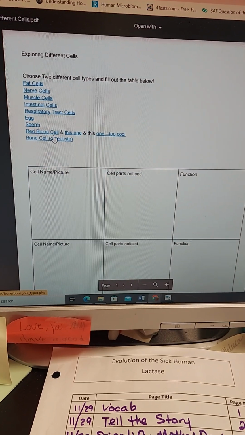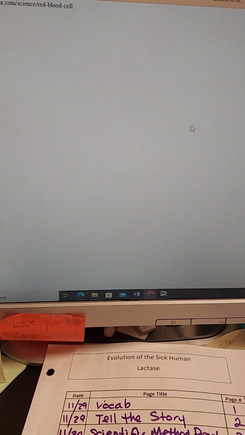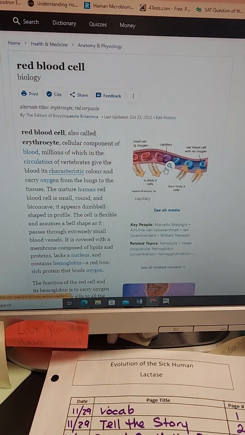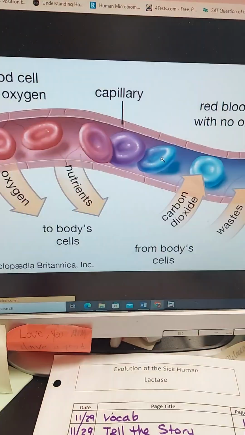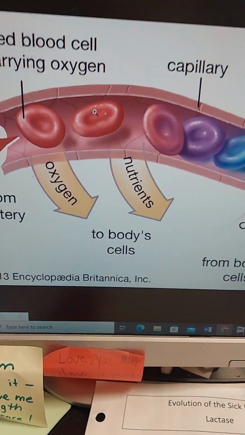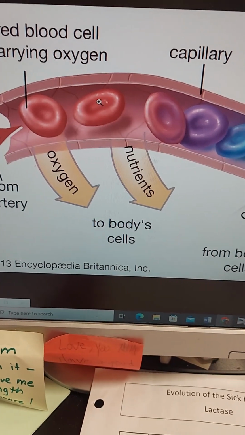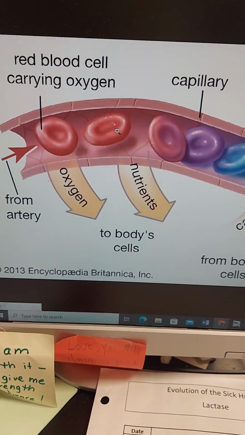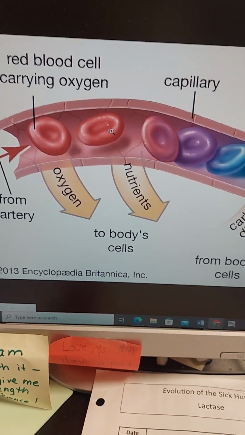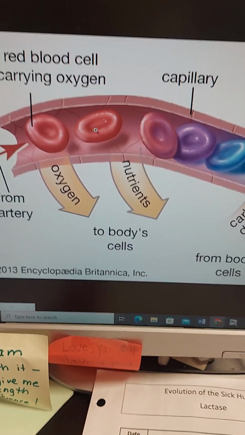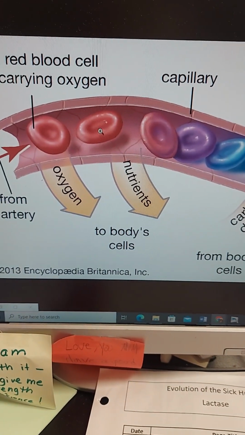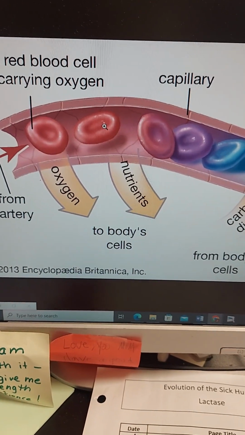Okay, last couple ones. I love the red blood cell. Red blood cells are pretty doggone cool. They are shaped kind of like a donut. And here's the thing, are you ready? It's not about what cell parts they do have, it's what they don't have. They don't have a nucleus. They don't have mitochondria. They don't have ribosomes.